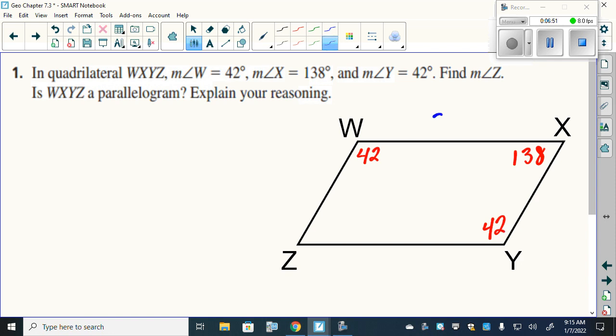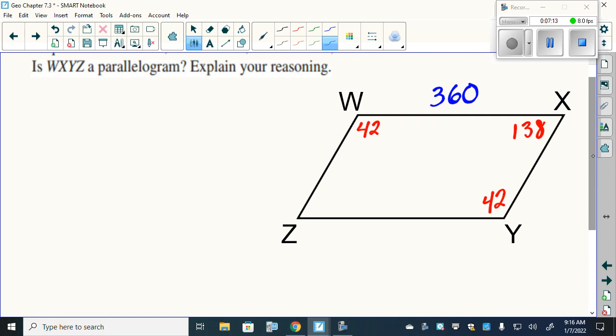It would be very tempting to say that automatically Z is 138 degrees because Z and X are on opposite sides, so they should be congruent. But we can only say that if it is a parallelogram. Have they told us that it is? No, they told us it's a quadrilateral.